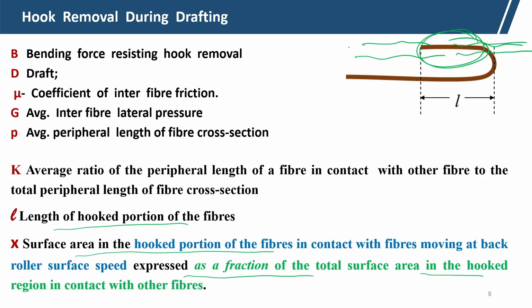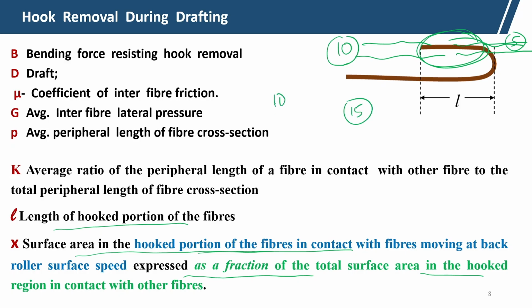So, suppose 10 is the surface area in contact with fibers moving at the back roller speed, okay, and here say 5 is the surface area in contact. So, the total surface area is 15.